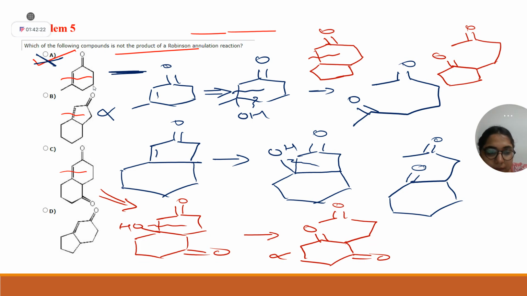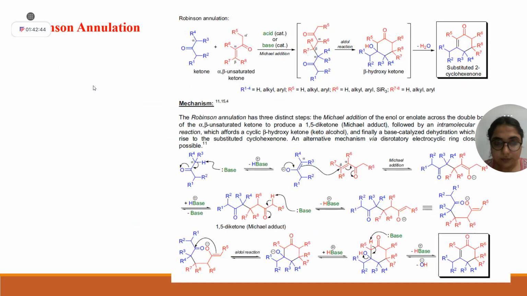Yes, ma'am. I think it should. Option A must be the correct one. Okay. You all are clear on this question? Ma'am, in option A there is no cyclic ring formed, so that's why it is a simple aldol reaction. Exactly. In the other rings, annulation is actually taking place onto the other ring, but in the first case, it is not the same. Exactly.